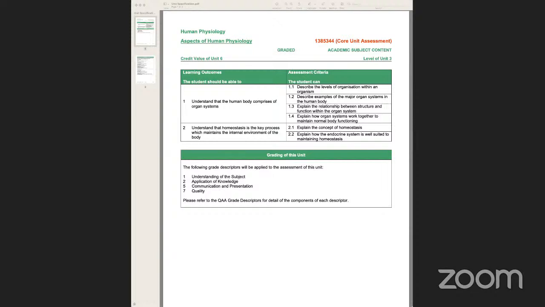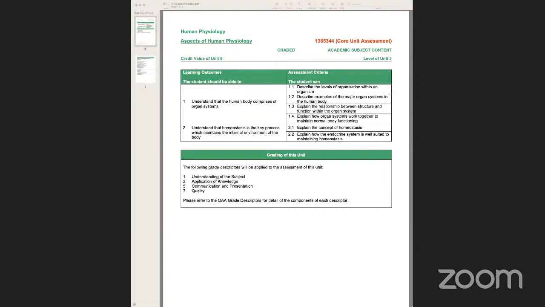Although, as I mentioned, there are 12 different organ systems in the human body, these 6, along with the endocrine system, the 7th one, are important to understand, or at least you should have an overview of how they function and what they do. And that helps the human body actually function.